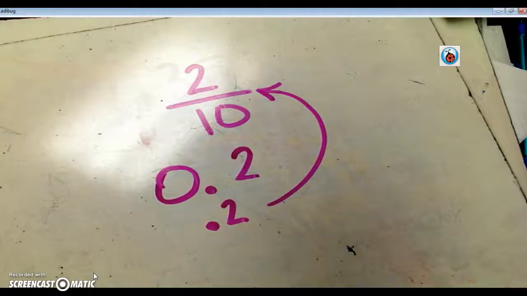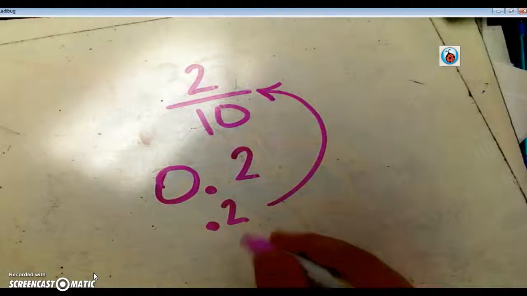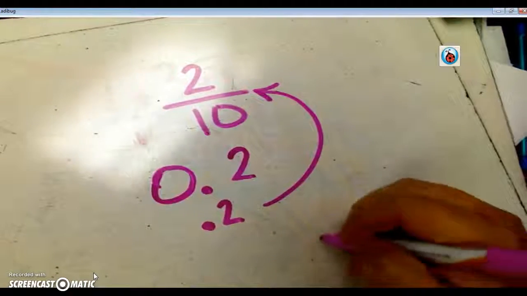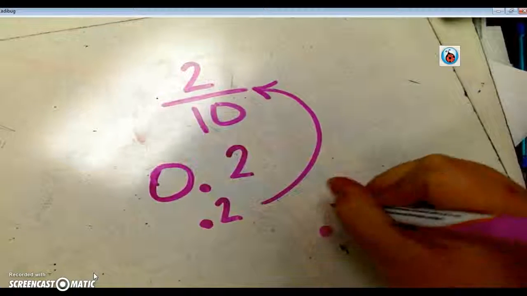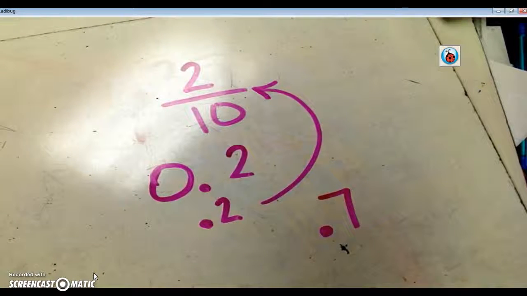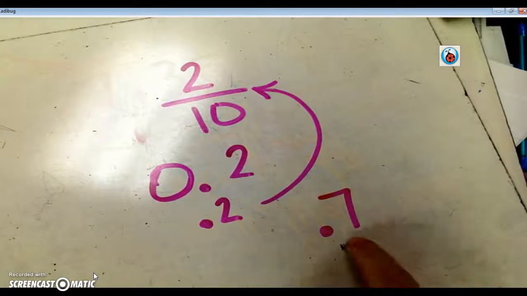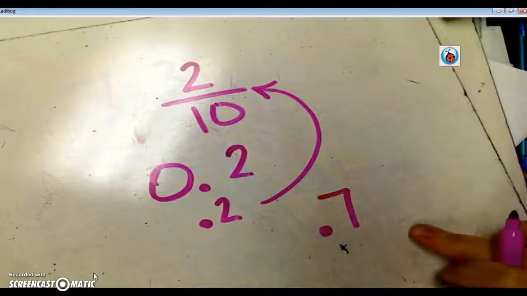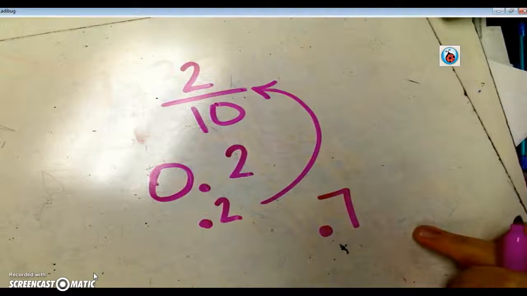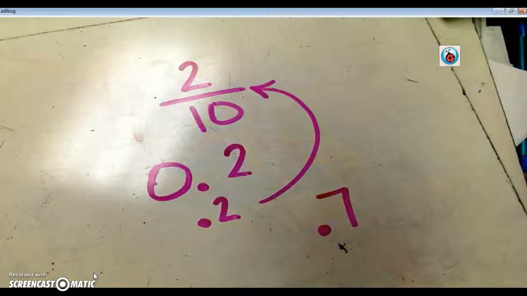So if I have one that looks like 0.7, how would I write that as a fraction? First of all, how do I read this decimal? Who can read this decimal for me? Taylor, can you read this decimal for me?